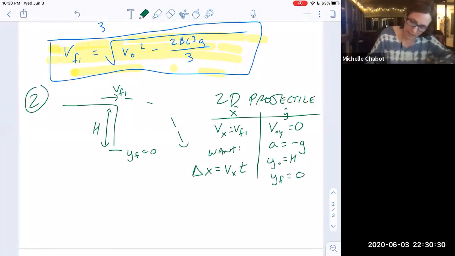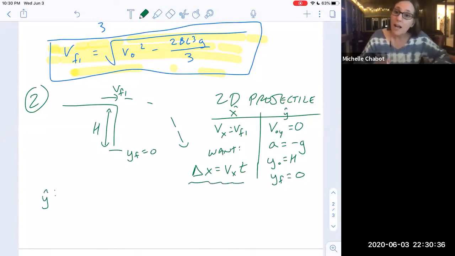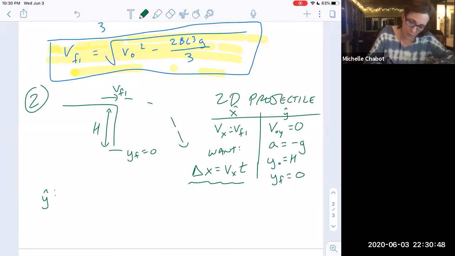For the y direction, I need to get time. I already wrote out the x equation. I can use the second equation, the 1/2 at squared, because that's the one without final velocity, and we use it a lot. So I'm going to have y final equals y initial plus v initial y t plus 1/2 ay t squared.